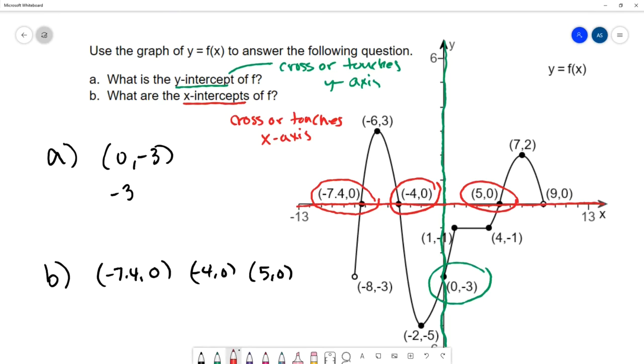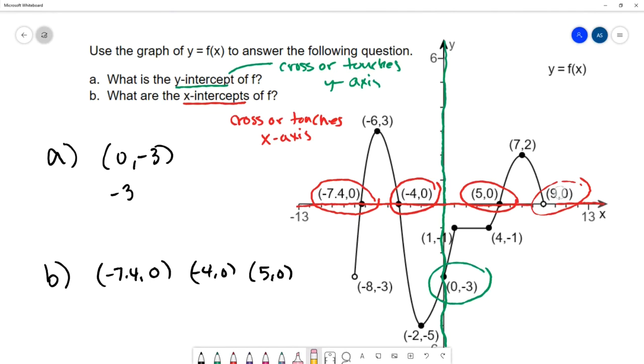And then this spot right here looks like it touches the x-axis. But if we take a closer look here, you can see that that point is drawn with an open circle. When we draw that point with the open circle, that point is not part of the graph. So we're not going to include that as one of our x-intercepts.